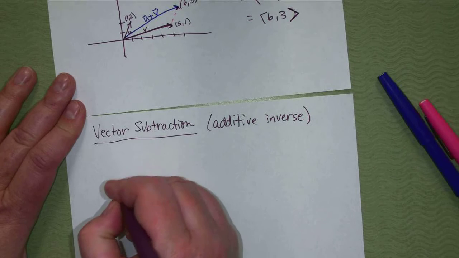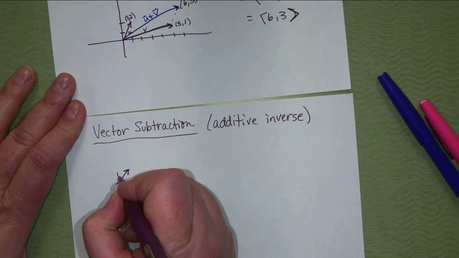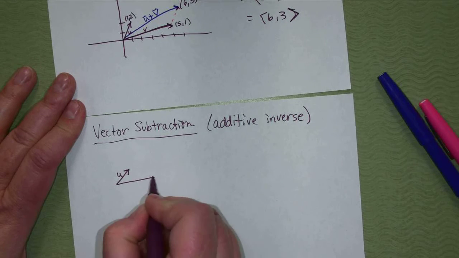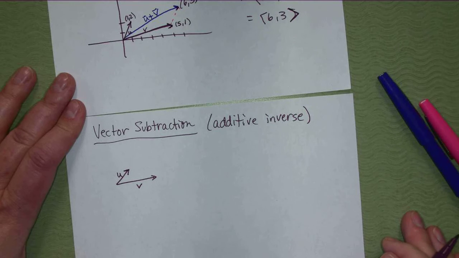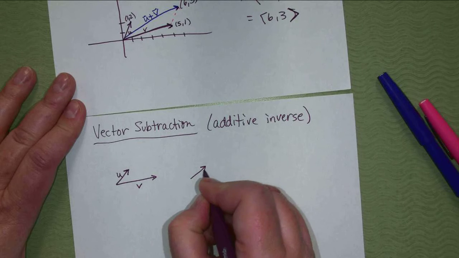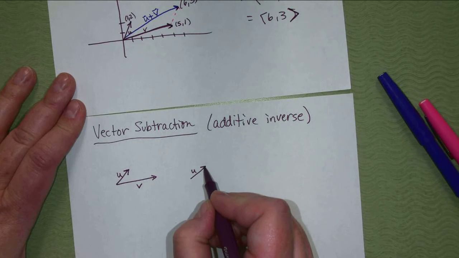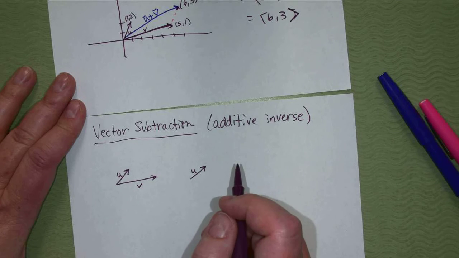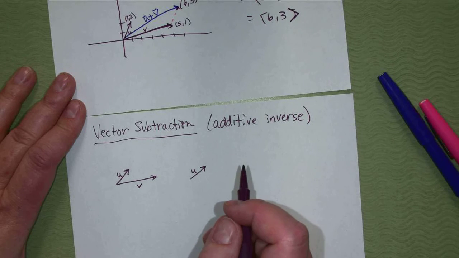All right, so here we have a U, and here we've got a V. If I wanted to subtract those, you say U, and I want to go to the end of this and go minus V. What do you think that would look like? It's called the inverse because it goes in the opposite direction, but it's still the same vector.